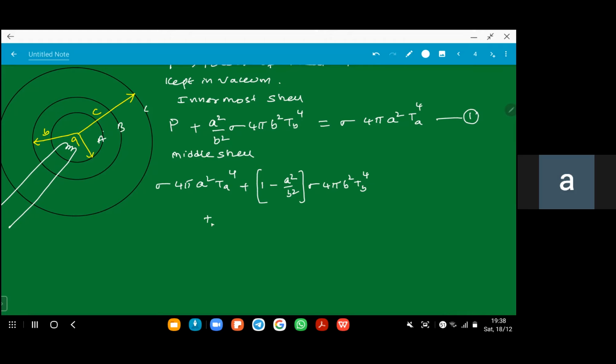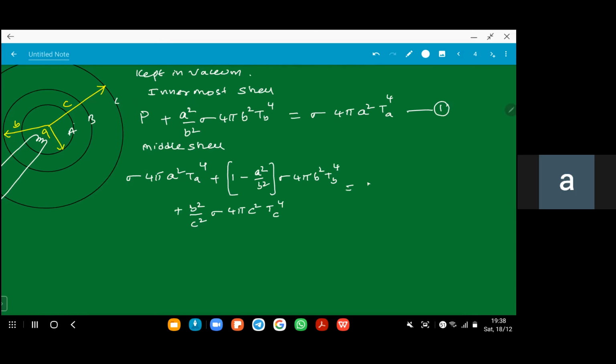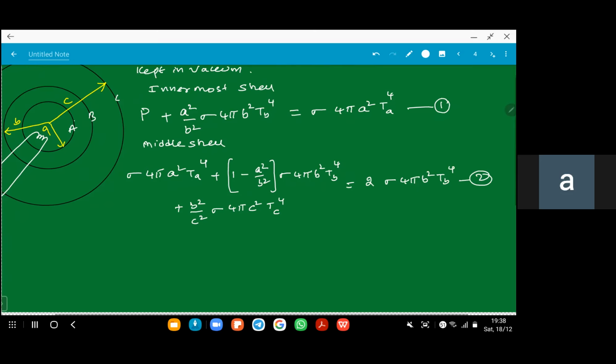So I should write this as B square by C square sigma 4 pi C square TC power 4. And this is 2 times sigma 4 pi B square TB power 4. My dear friends, let it be equation 2.